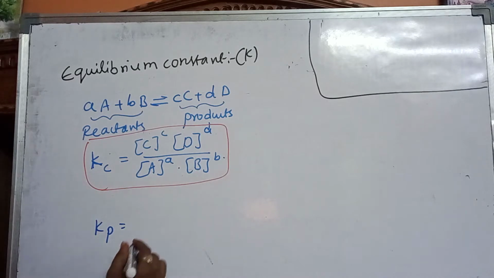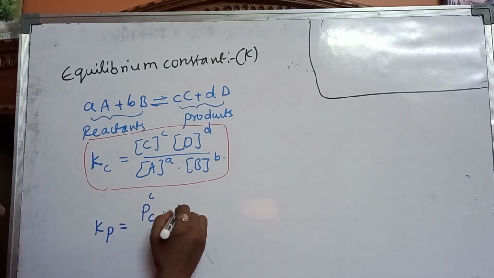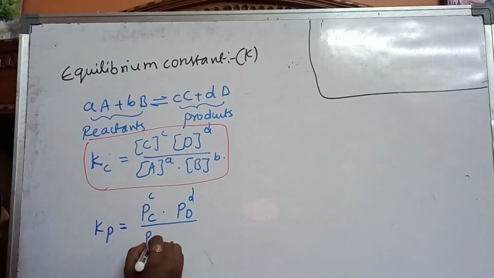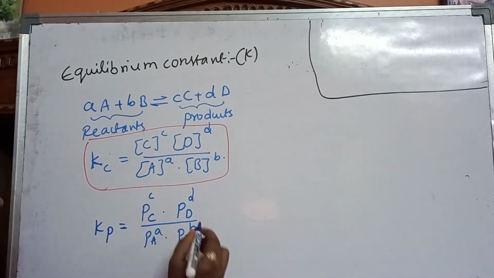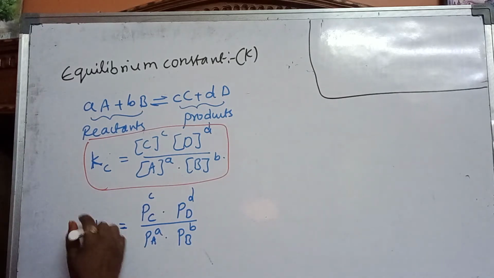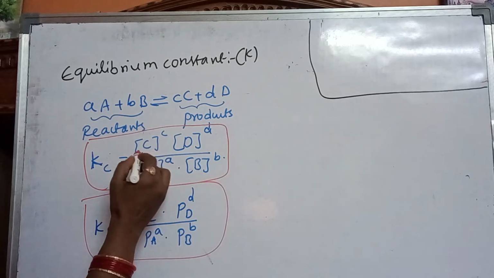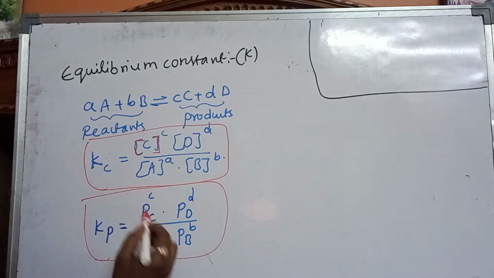So Kp is equal to the partial pressure of C to the power c into the partial pressure of D to the power d, divided by the partial pressure of A to the power a into the partial pressure of B to the power b. Here the square brackets indicate concentration, and P means partial pressure.